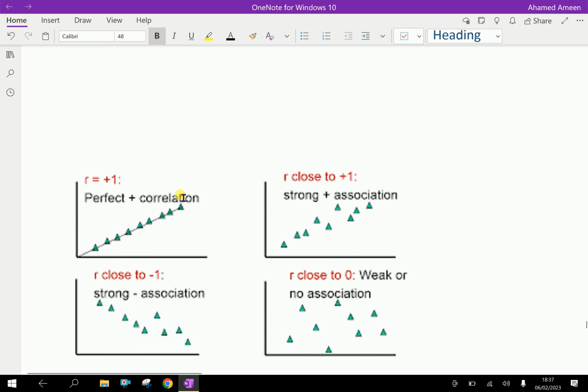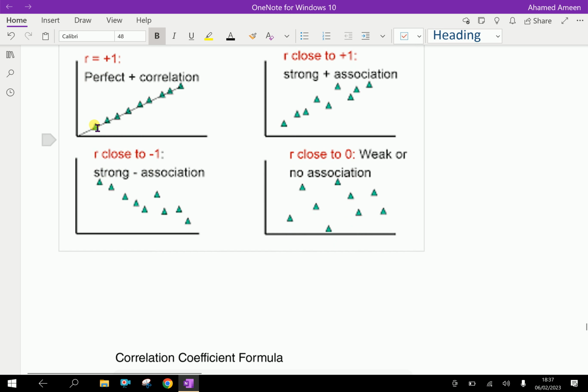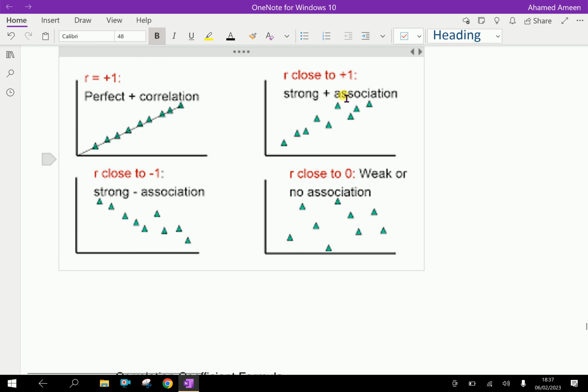Now look at the figure, which shows how r varies. If r equals +1, it is a perfect positive correlation, a perfect linear correlation. If r is close to 1, it is a strong positive association. That means near +1, it is not exactly perfect, but it is a strongly linear relation.